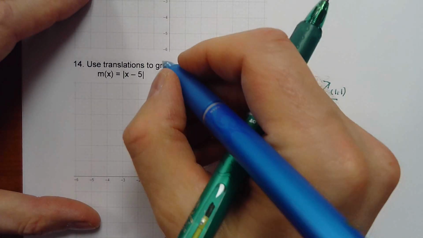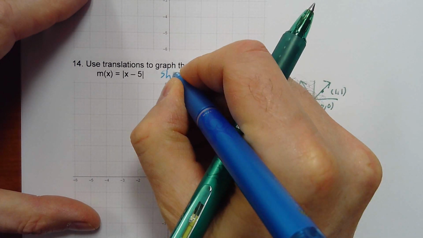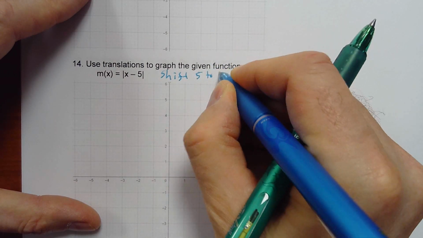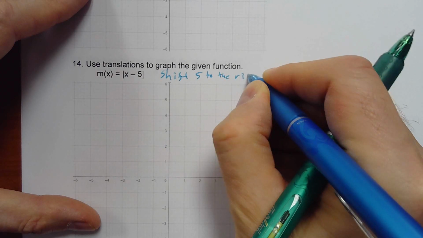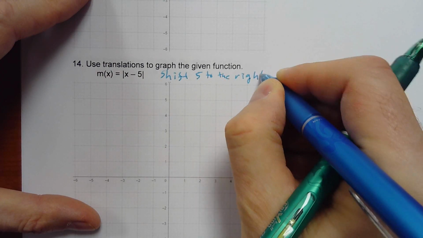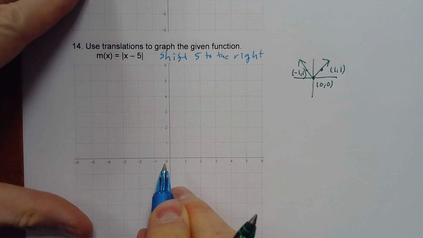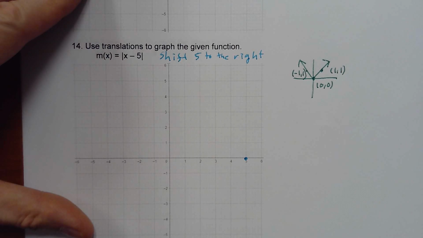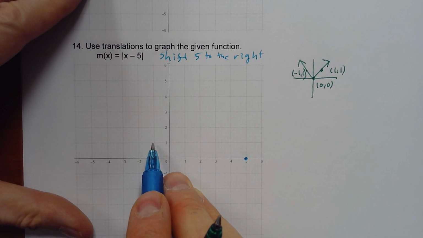So it's going to shift 5 to the right. So 0, 0 is going to go to 5, 0. It's like I'm adding 5 to each of my x coordinates. Negative 1, comma 1.